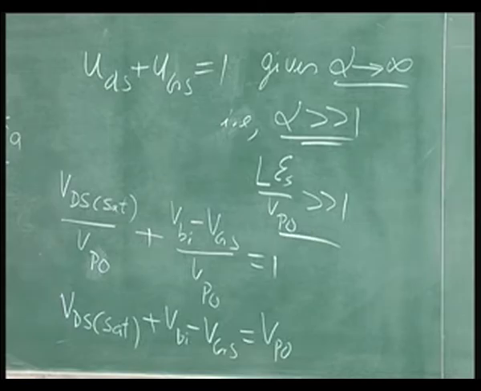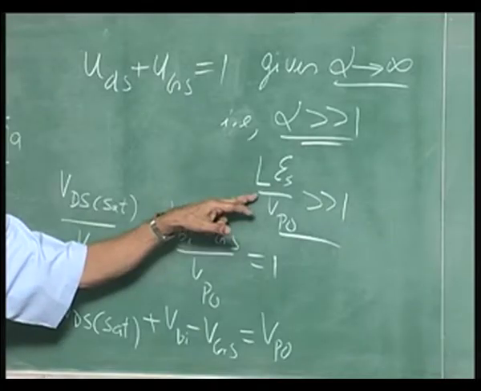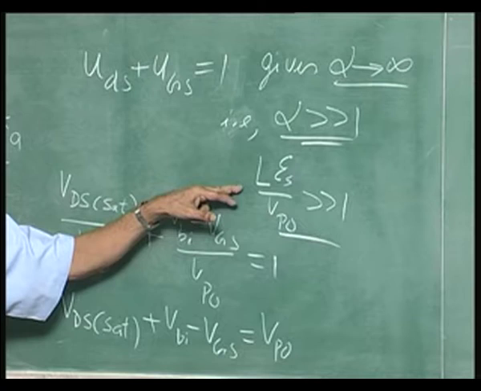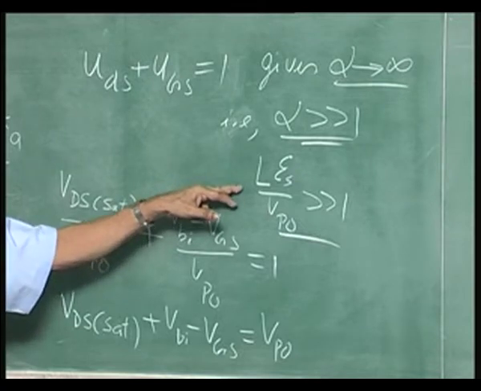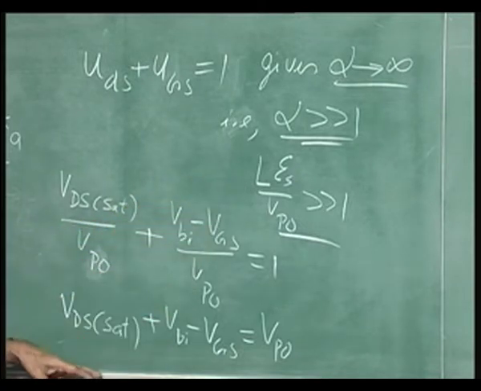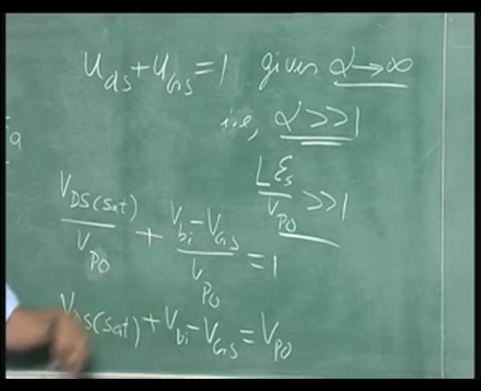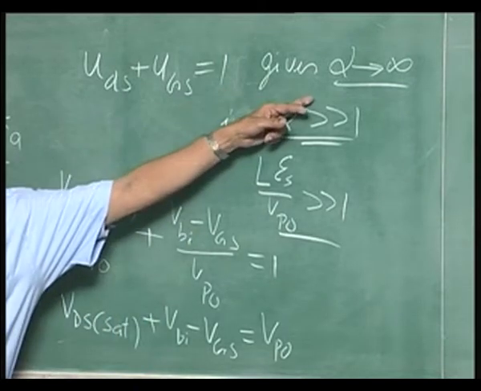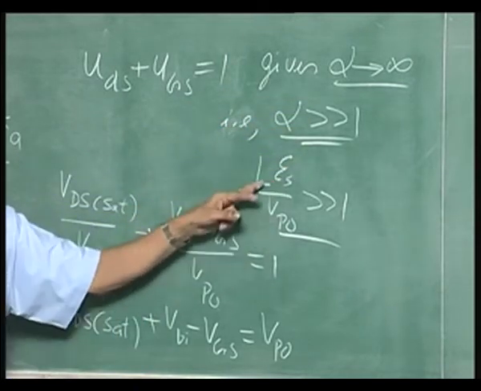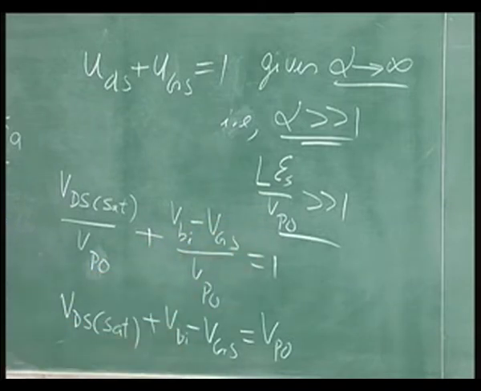That means, in long channel devices, whatever Shockley has been telling or writing, the condition for saturation holds good. Pinch off takes place, or at least it is close to pinch off. If real pinch off takes place, that will be infinity, but now this is larger than 1, maybe 3, 4 like that.